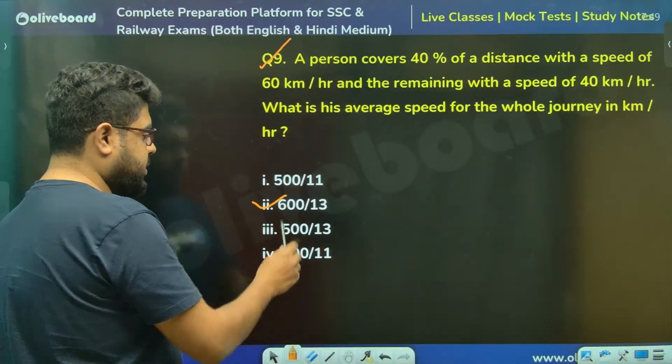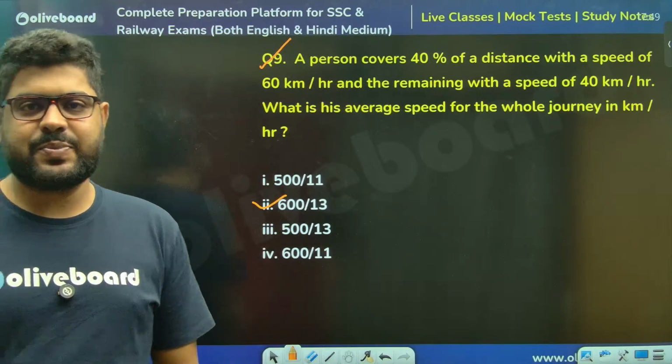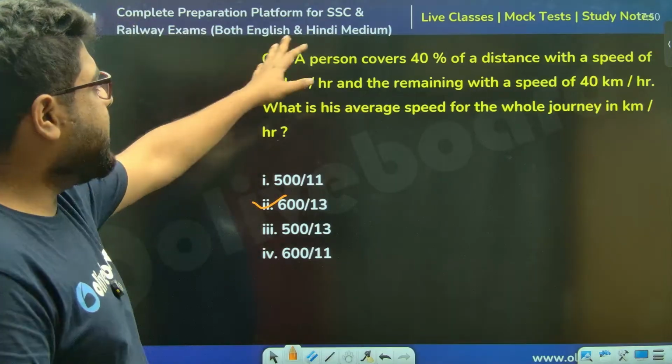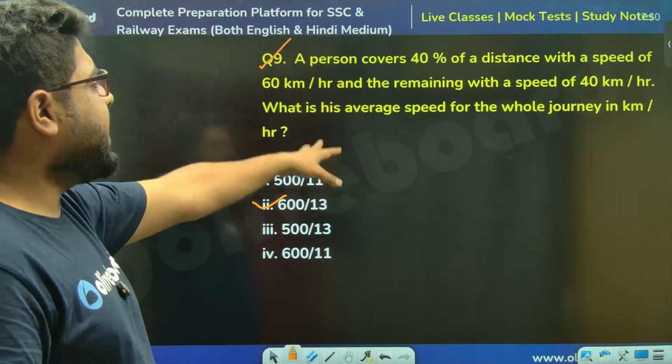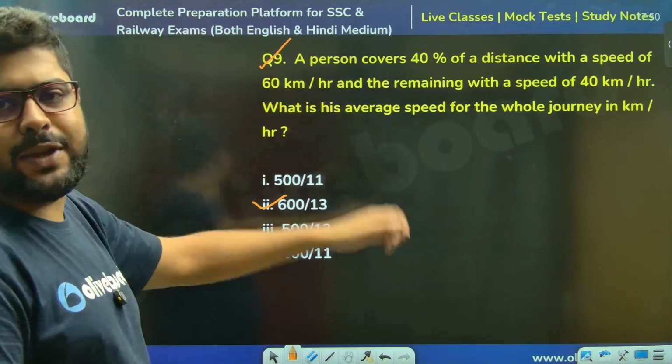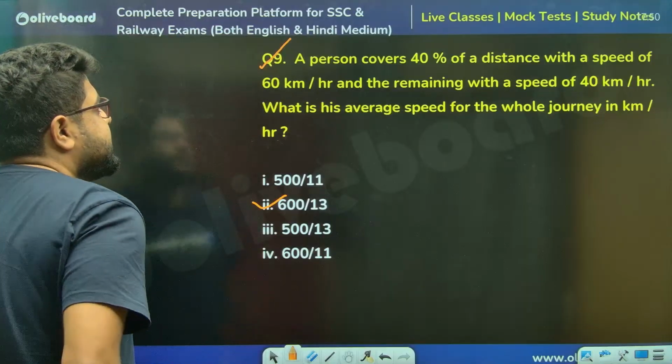That is option 2, sir. Let's see. चलो पढ़ते. 40% distance at a speed, remaining at a speed. कर लो calculation. सर एक काम करते हैं सर.